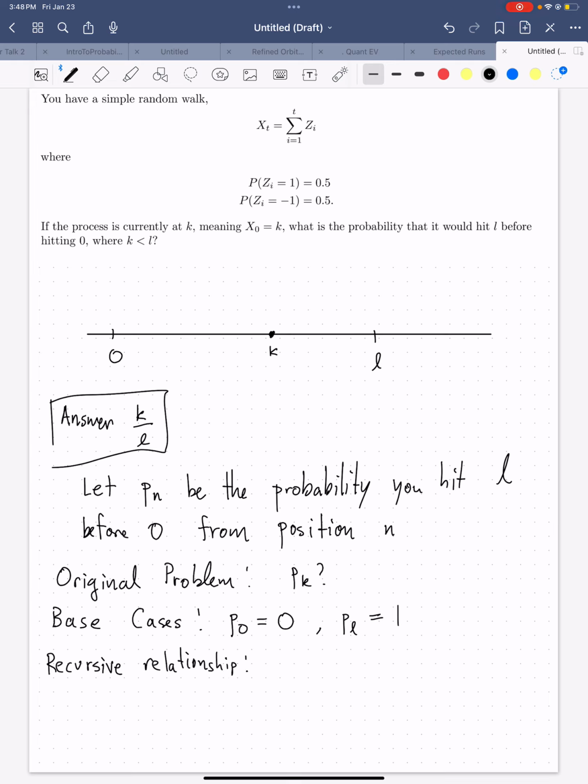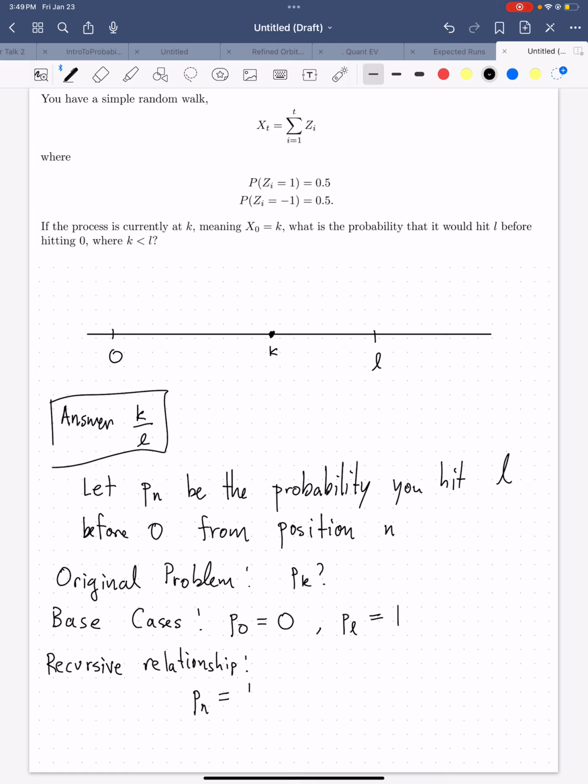So if you're familiar with dynamic programming, you might recognize this kind of setup where we try to express our problem in these sort of subproblems, and then we identify a base case and some recursive relationship between the subproblems. In this case, the recursive relationship is, well, if you're at position n, then what can happen?